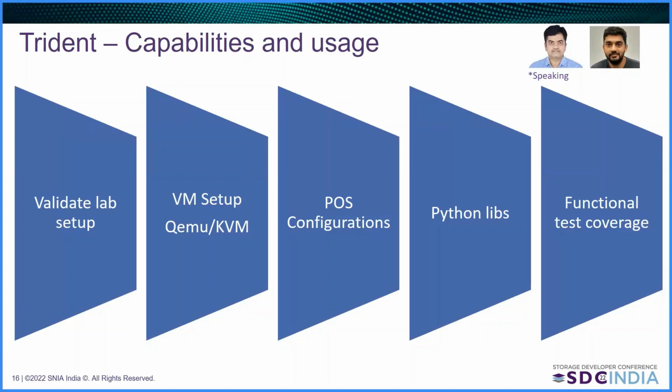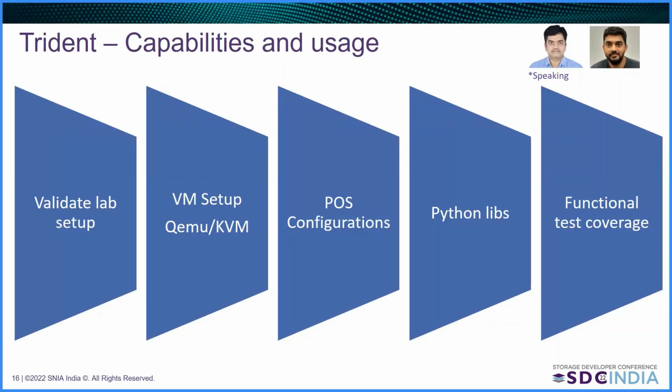To test Poseidon OS using Trident, the user need not have physical machines. They can work with QEMU and KVM. The Trident tool provides a configuration file that can be utilized to create many possible configurations of Poseidon, like array type, the number of arrays, and the number of volumes.